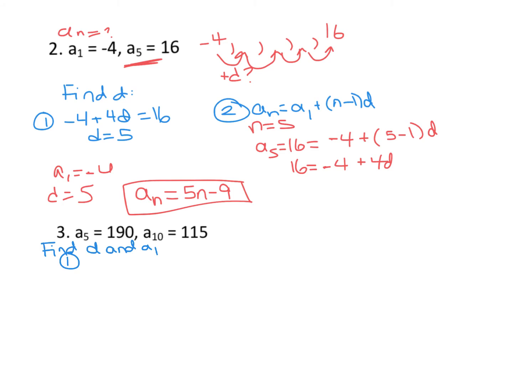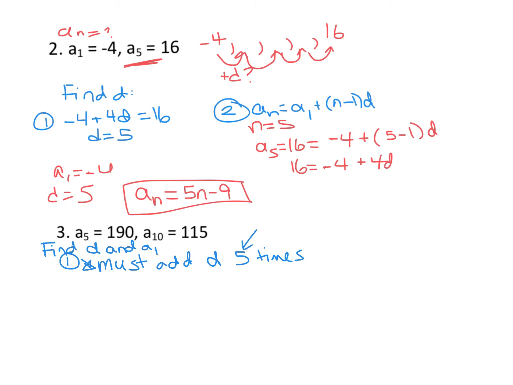So to find d, you can either use the formula, but it's really complicated if you do that, or you can try to think about it using logic. So if you think about it using logic, I want you to keep in mind that you must add your d 5 times to get from your 5th term to your 10th term.